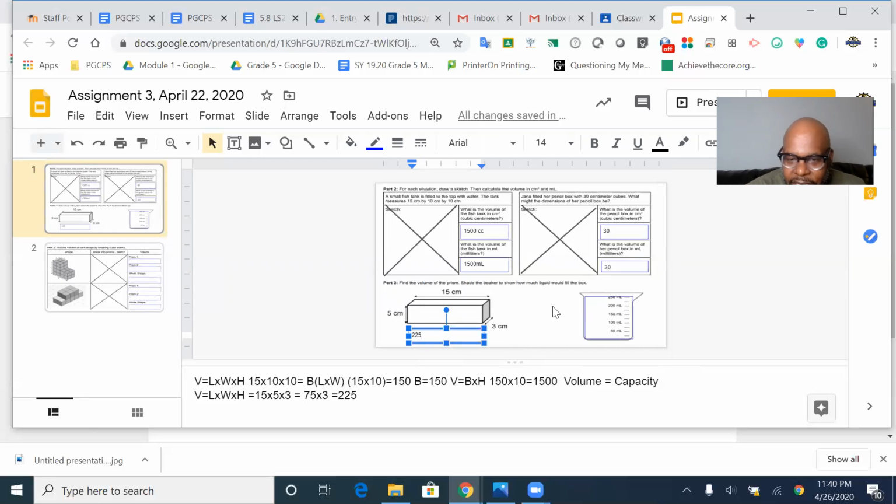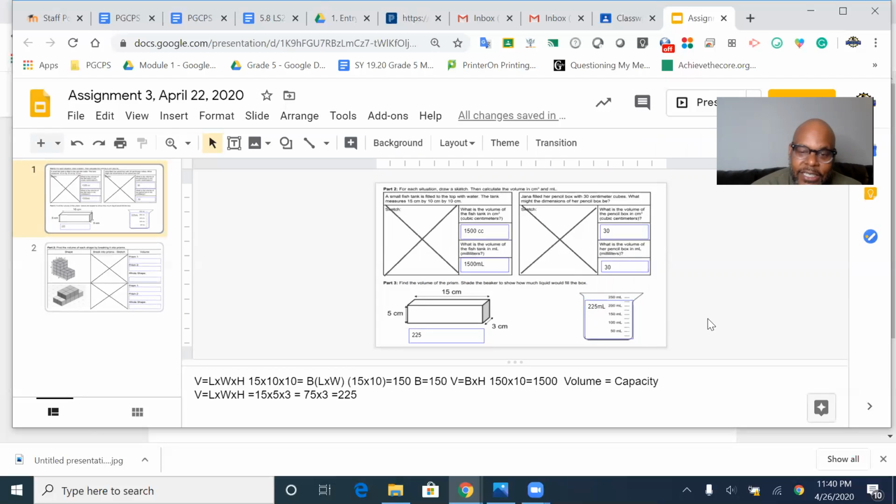Now, what would it be in liquid? Well, if we had to shade the area, it would be the equivalent of 225 milliliters. All right?